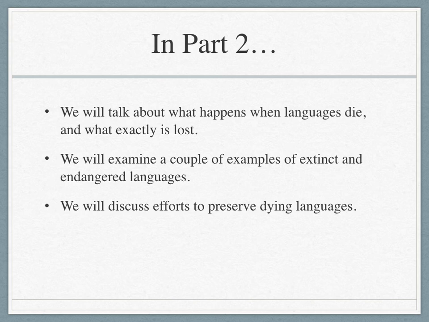We will look at a couple of cases in point, so examples of extinct and endangered languages, and we will discuss and hopefully have some forum debate about government and societal efforts to preserve dying languages. What is good? What is not good? Is it worthwhile? Things like that. So stay tuned.